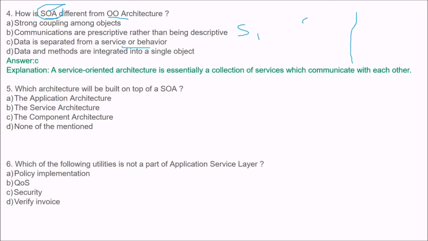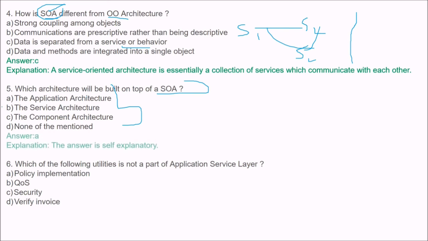Services S1, S2, all these services are communicating with each other. Which architecture will be built on top of SOA? Can you answer? Service architecture, component architecture, application architecture. The answer is A. Application architecture is built over the SOA.